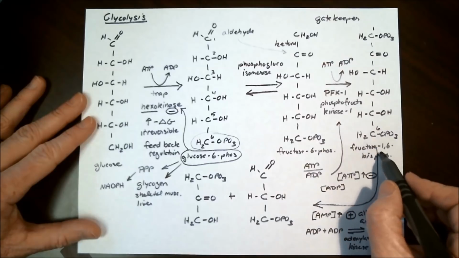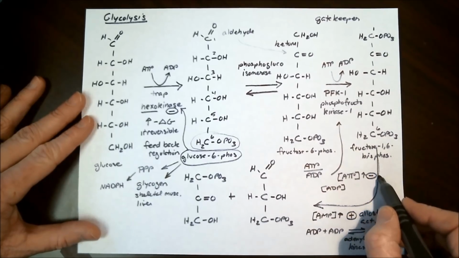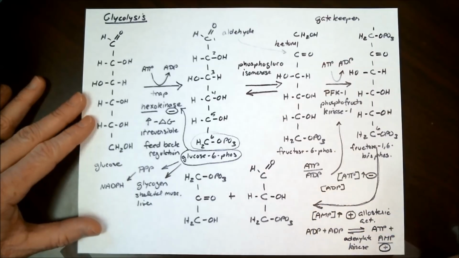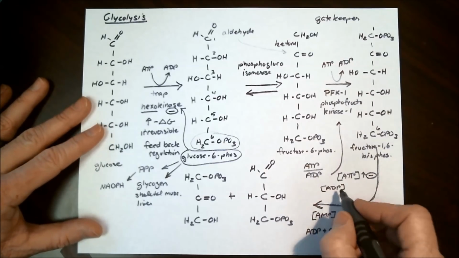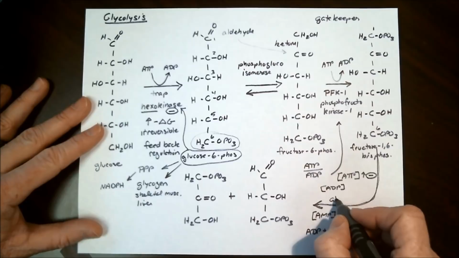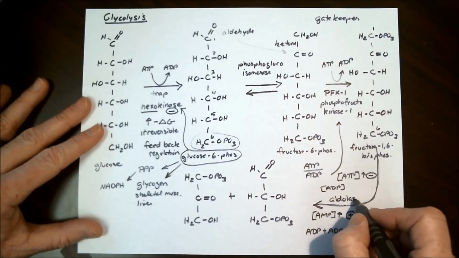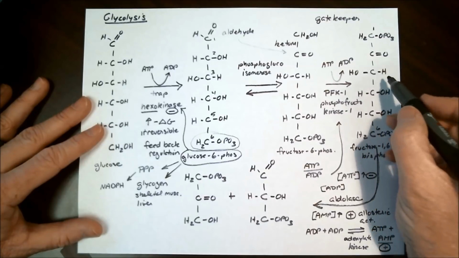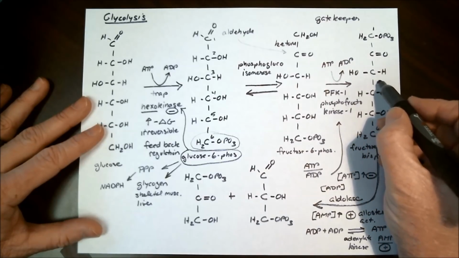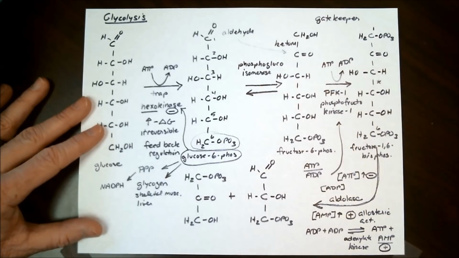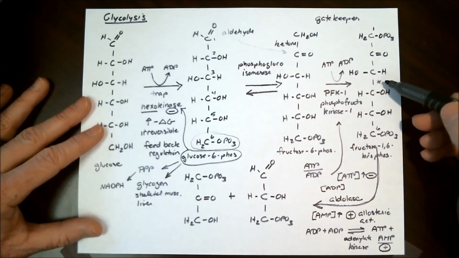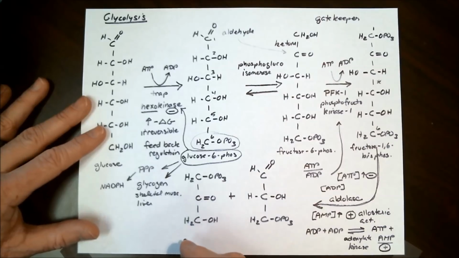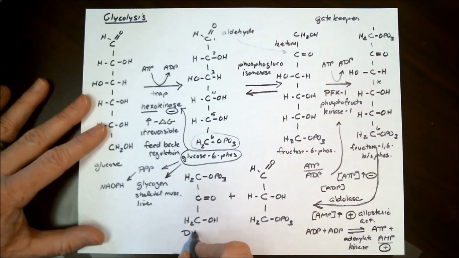Now, once we have our fructose 1,6-bisphosphate generated, we have one more reaction in the preparative phase, and this enzyme is called aldolase. This enzyme simply cleaves the fructose 1,6-bisphosphate in between the two 3-carbon units, generating two products.